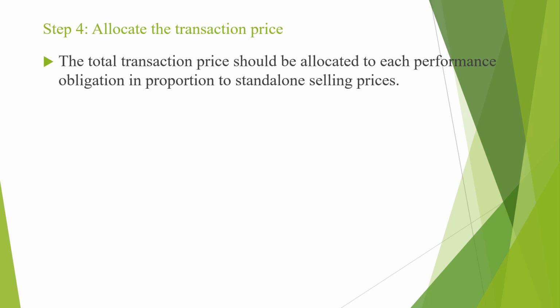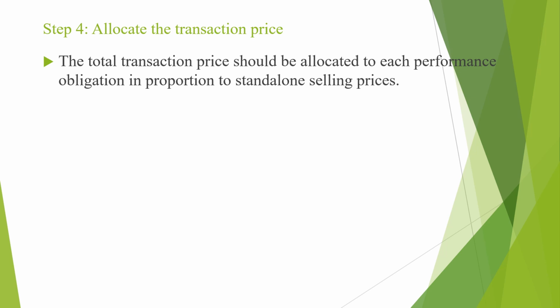Like I gave you the example of a vehicle and three free services, right? If you want to sell the vehicle individually, what would be the selling price? That would be the standalone selling price. And if you want to sell the three services, what would be the cost of these three services? That would be the standalone price for the services.